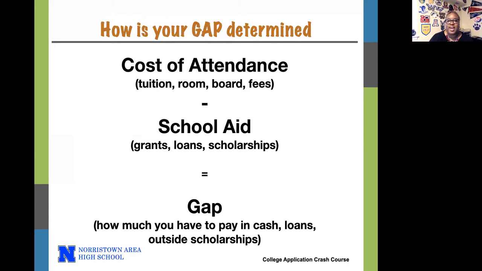Most people don't pay the exact sticker price, okay? So then you have the cost of attendance minus school aid. That's grants, loans, and scholarships. And then whatever is left over is called the gap. That's how much you have to pay in cash, loans, and outside scholarships, okay?